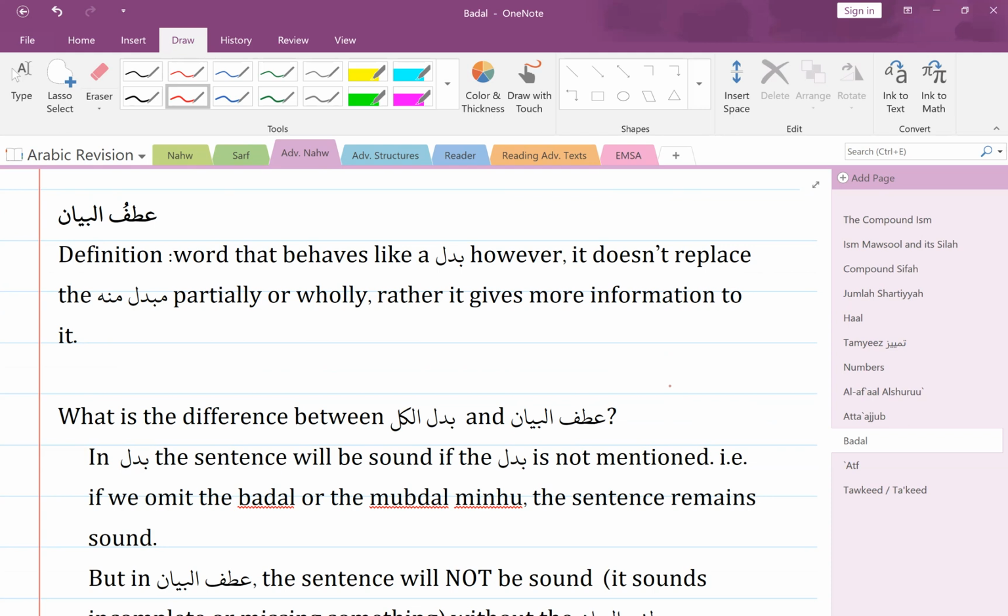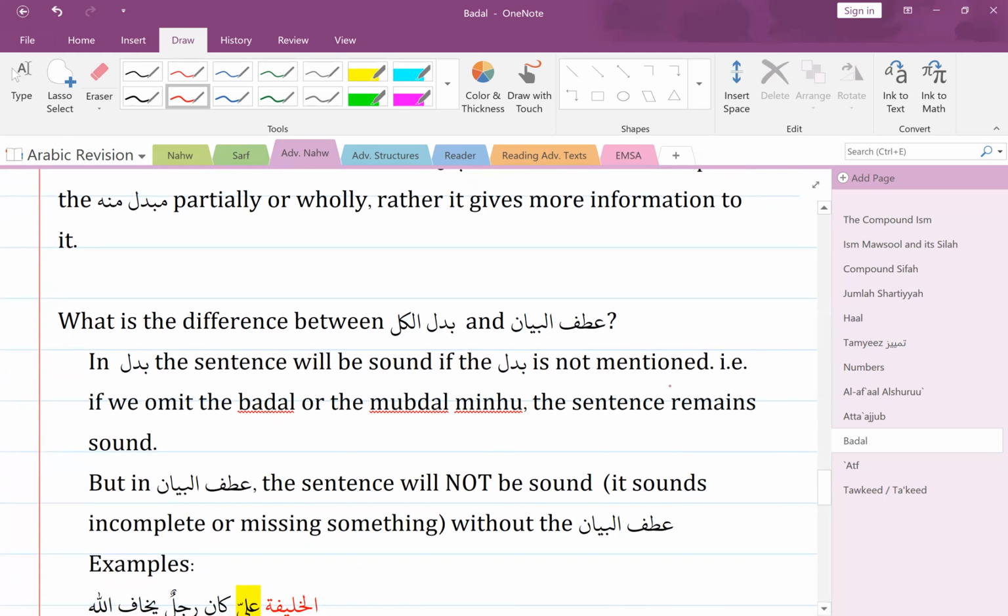So it's a word that behaves like a badal, but it actually doesn't replace. So it doesn't do the work of a badal. It cannot replace partially or wholly like we've seen. Rather, it actually gives more information to it. So if you remove the atful bayan, the sentence will be missing something.